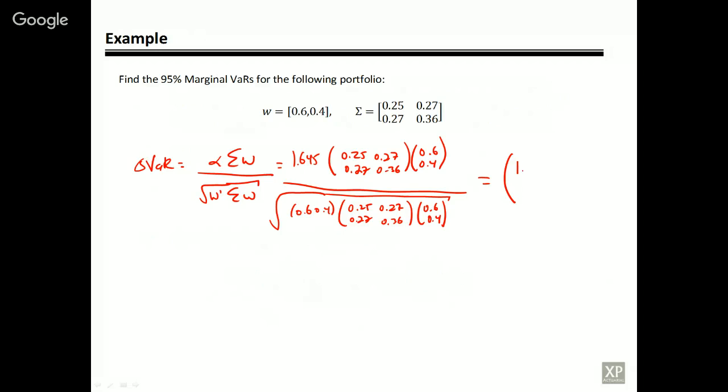So our first marginal VAR would be 1.838295, and our second marginal VAR is 1.697686.